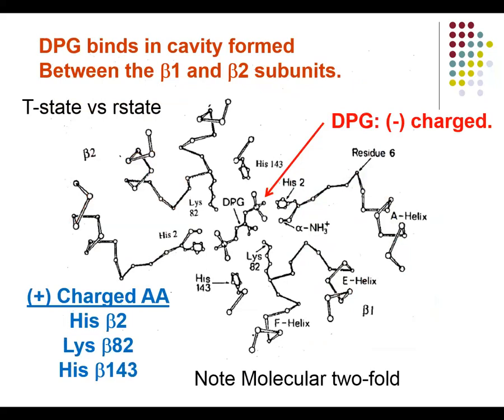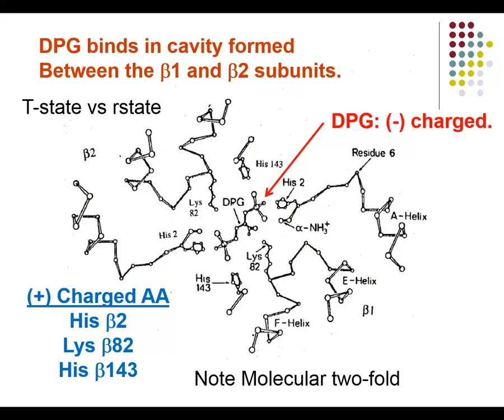Again, 2,3-BPG is negatively charged, and it interacts with a number of positively charged amino acids. In this case, we have histidine 2, lysine 82, and histidine 143 from one subunit, and the equivalent residues from the neighboring subunit. So one subunit is beta-1, and the other subunit is beta-2.